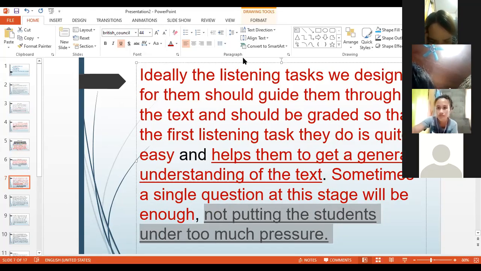Halimbawa, sa classroom kayo, a 10 minutes listening exercise is very long na. Sa 10 minutes na yon, at least you could have at least 3 questions. Make sure that you provided the questions para during listening, doon nila hahanapin yung mga sagot.